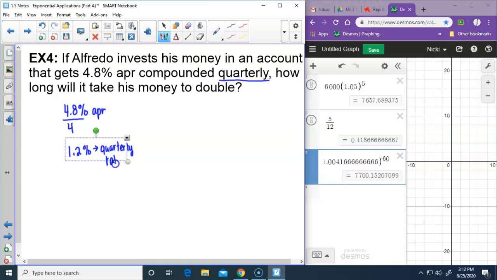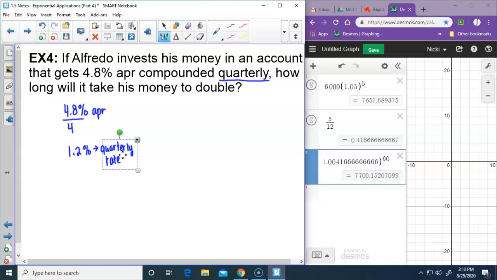Now, this problem is a little different than the last one that we looked at because in this problem, we are not given a principal amount. It just asks about how long it will take his money to double. So since I don't know how much money Alfredo has, I'm just going to guess right here.